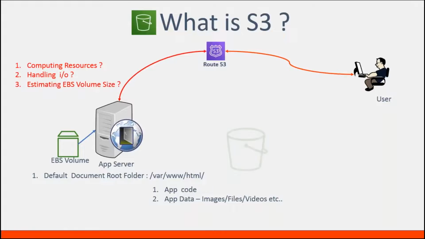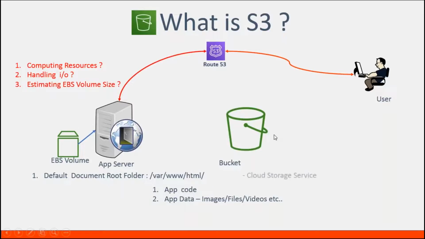To solve this problem, we are introducing S3. S3 is the Simple Storage Service in AWS. In S3, we can simply create a bucket. A bucket is just a folder, nothing else, right? The bucket is just a terminology of AWS. We can just think of the bucket as a folder in the cloud.